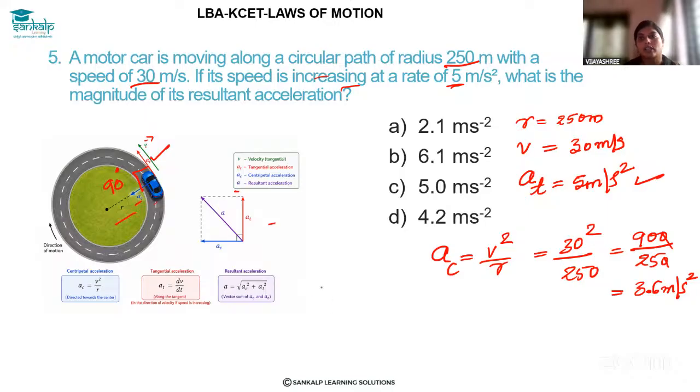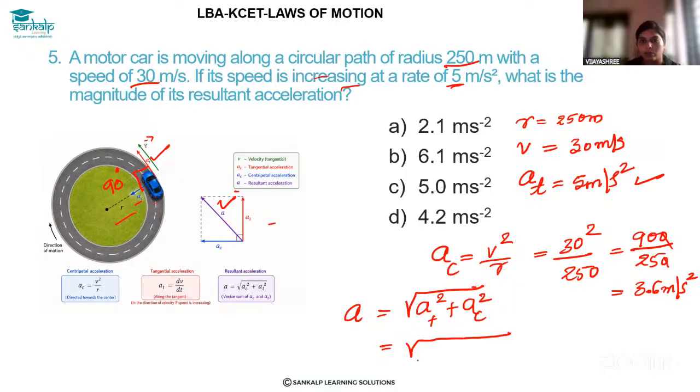So when we do the vector addition, we apply the Pythagoras theorem. The resultant acceleration A is equal to square root of tangential acceleration AT square plus centripetal acceleration AC square.